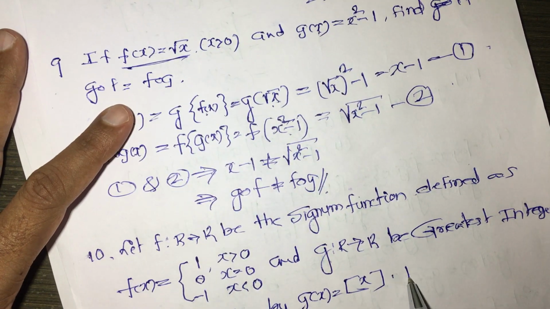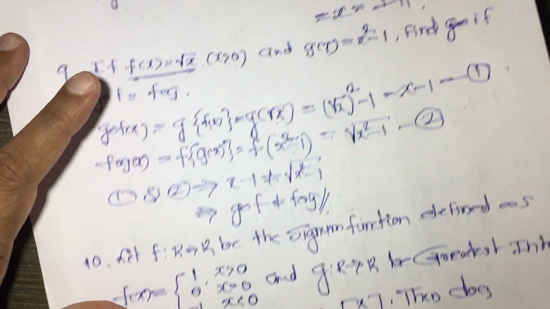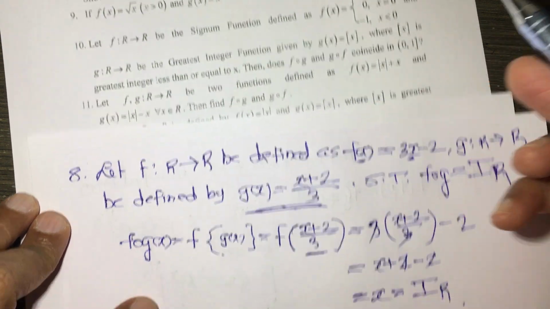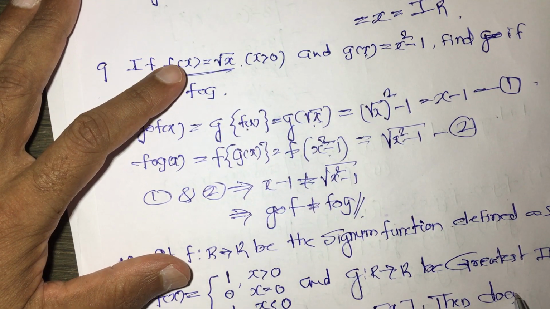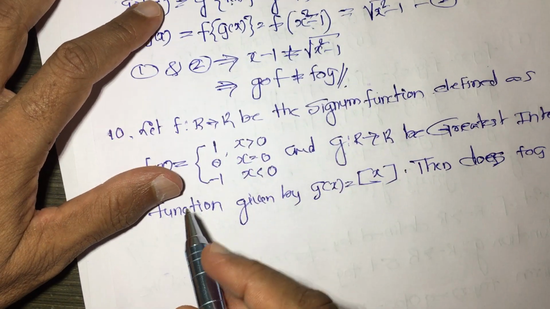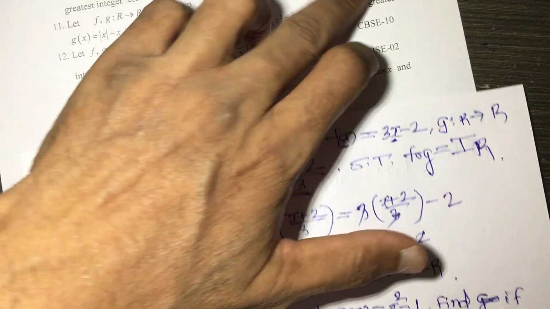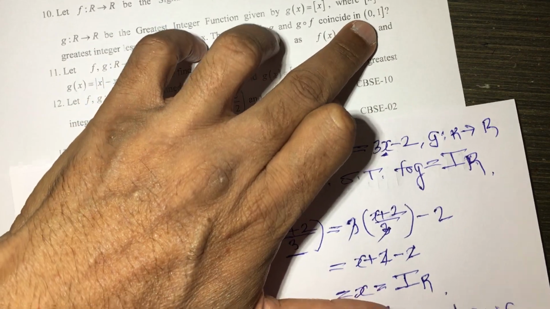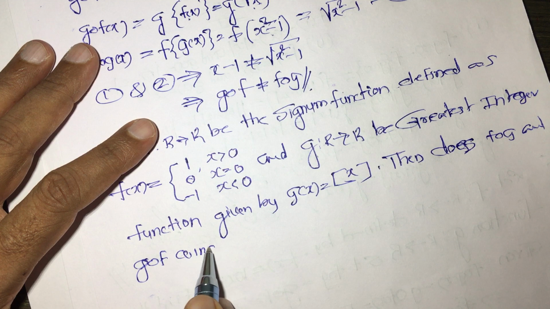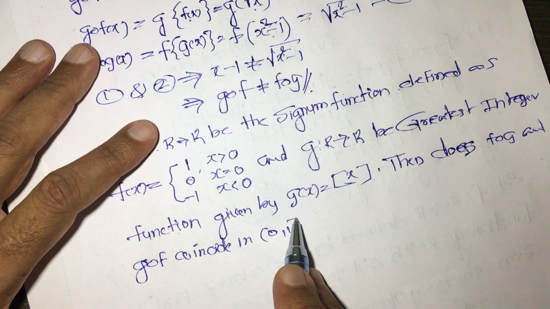Then, do f composite g and g composite f coincide in the semi open interval (0, 1]? Do f composite g and g composite f coincide in (0, 1]?